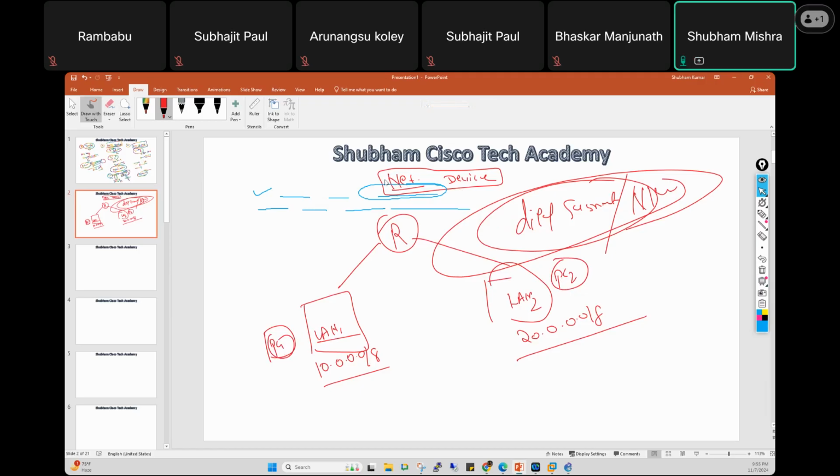If I want to send anything to you, I definitely need your address. If I don't know your address, how can I send? This is not possible. If I know the address, I will send the letter, it will reach the post office. What will the post office do? The post office will check the address and accordingly forward my packets to your location.